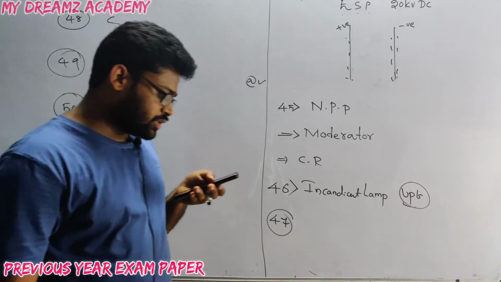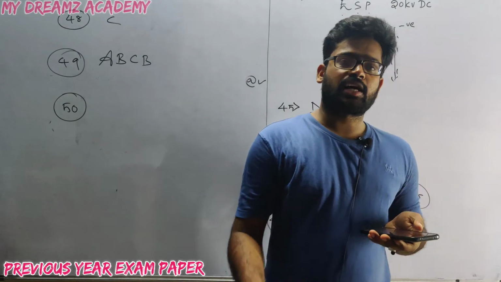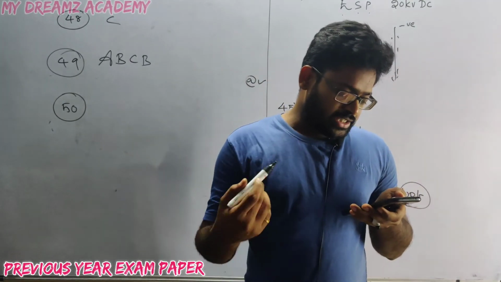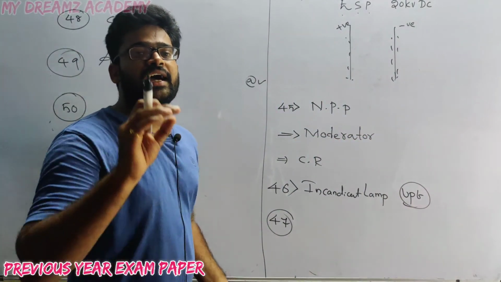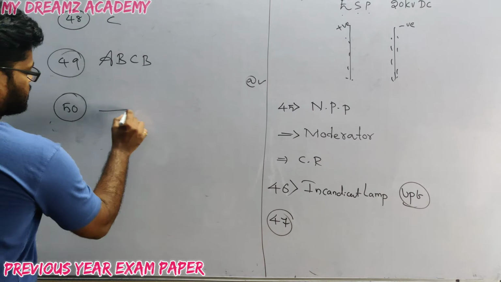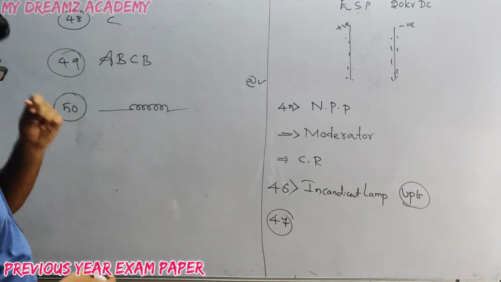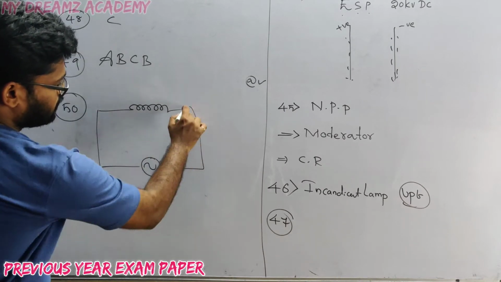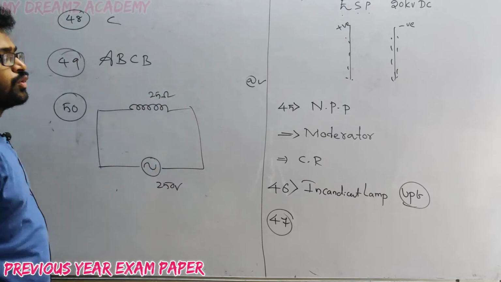Next question: reactors are used at various locations in a power system to increase the short circuit current, avoid the short circuit current, limit the short circuit current, or none of the above. Why do we need to use reactors in power systems? Let us consider a simple circuit. This is 250 volts, this is a 25 ohm reactance.